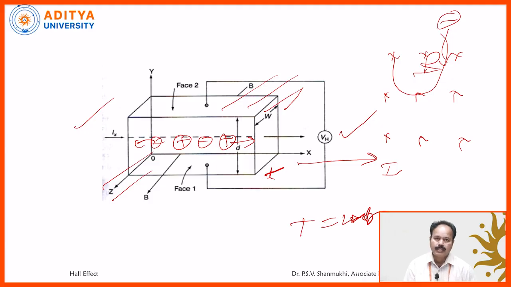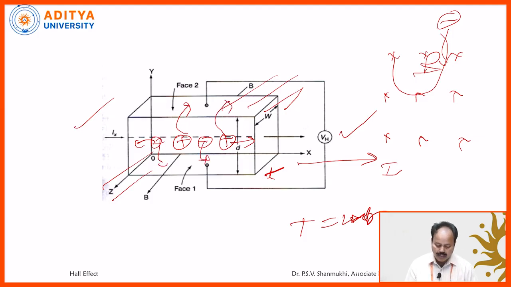After completing the semicircle, it will come out of the magnetic field. In other words, in the transverse magnetic field, the charged particle will describe a circular path, and continuously the charged particles will be deviated. Suppose the holes are deviated in the upward direction, electrons are deviated in the downward direction.